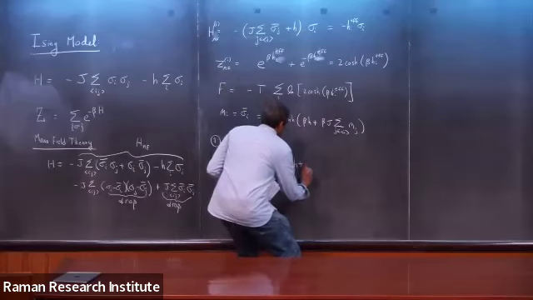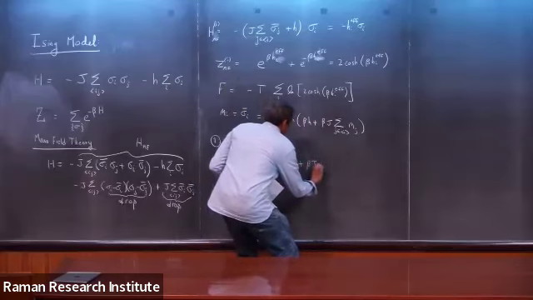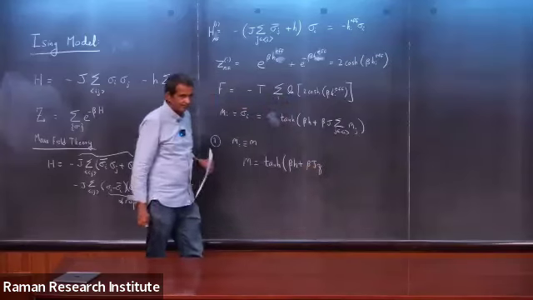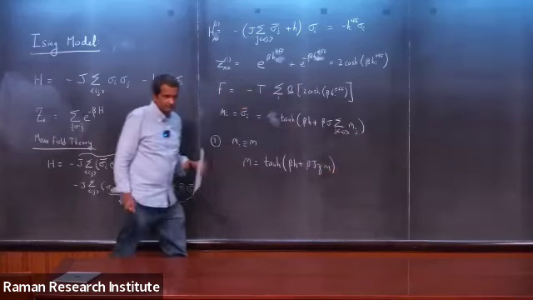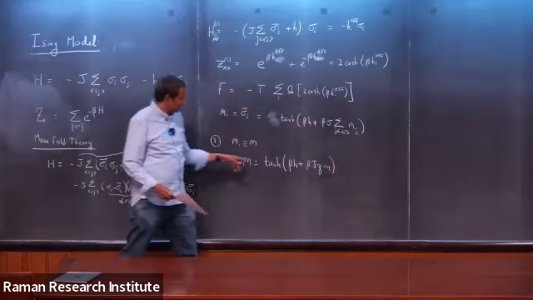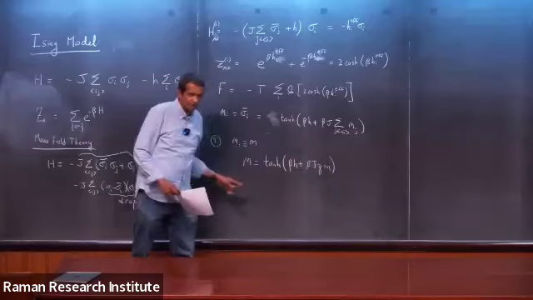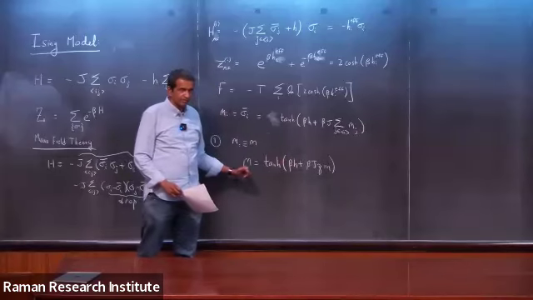So this will give me beta times J, and let me call the coordination number little z, times M.